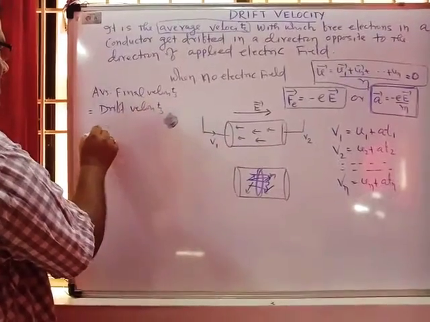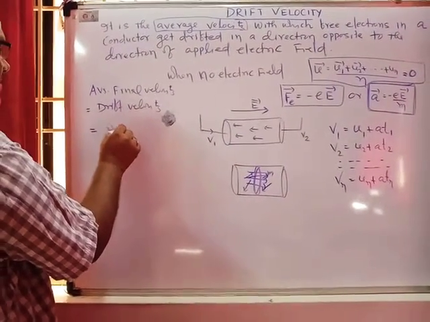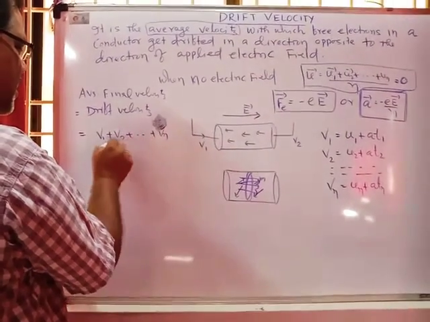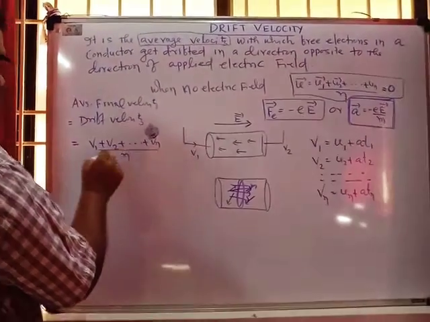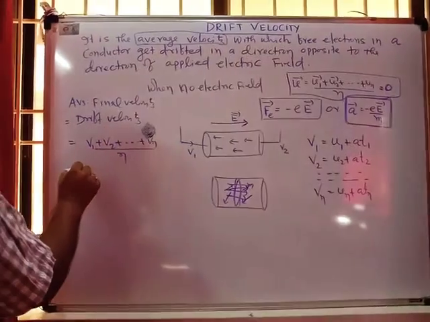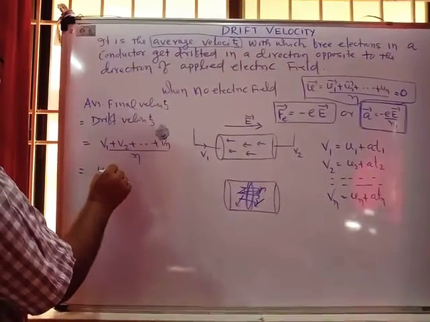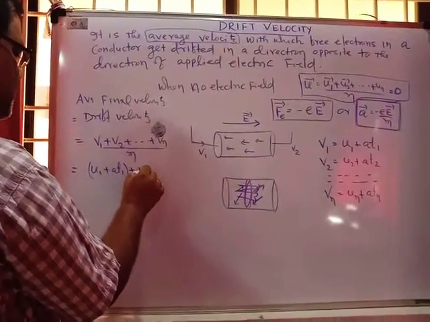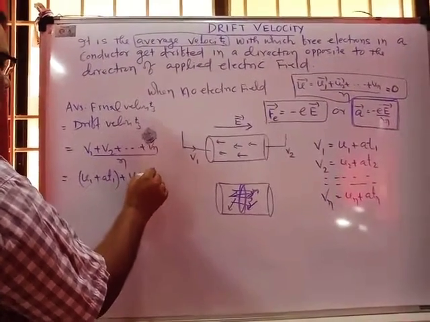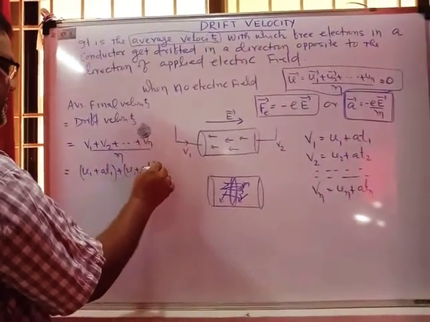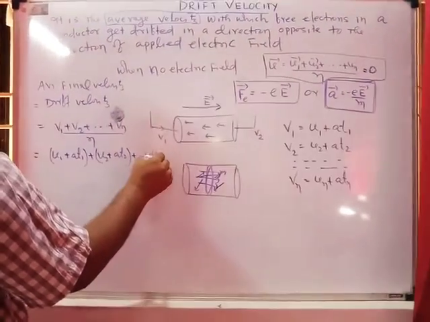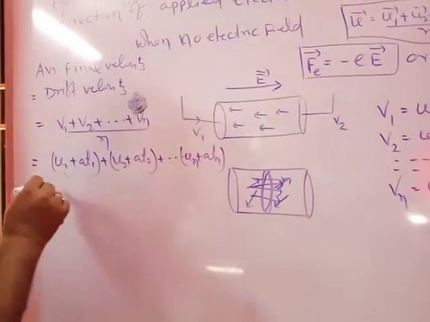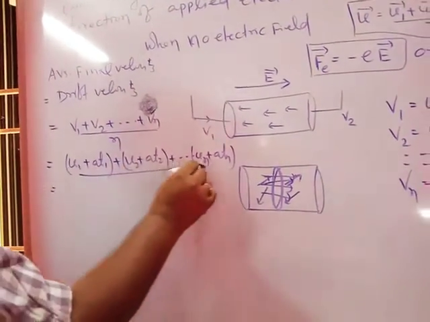This is equal to the average: v1 plus v2 plus up to vn, upon n. So what is v1? v1 equals u1 plus a t1, plus u2 plus a t2, and in that manner un plus a tn, all divided by n.